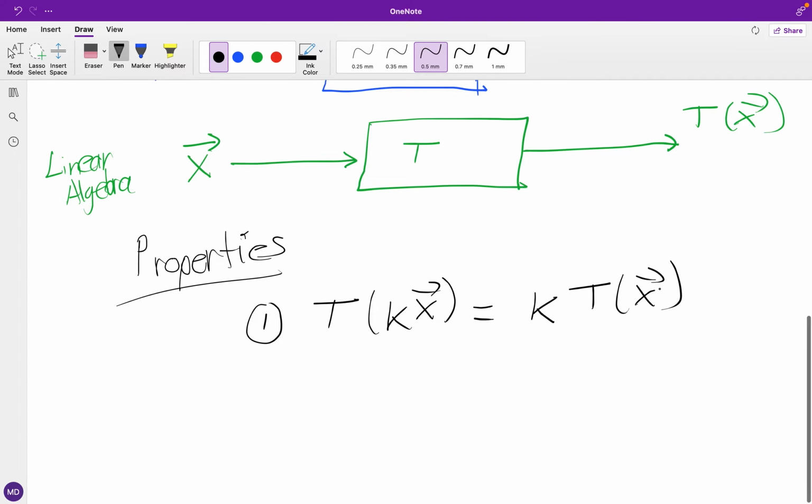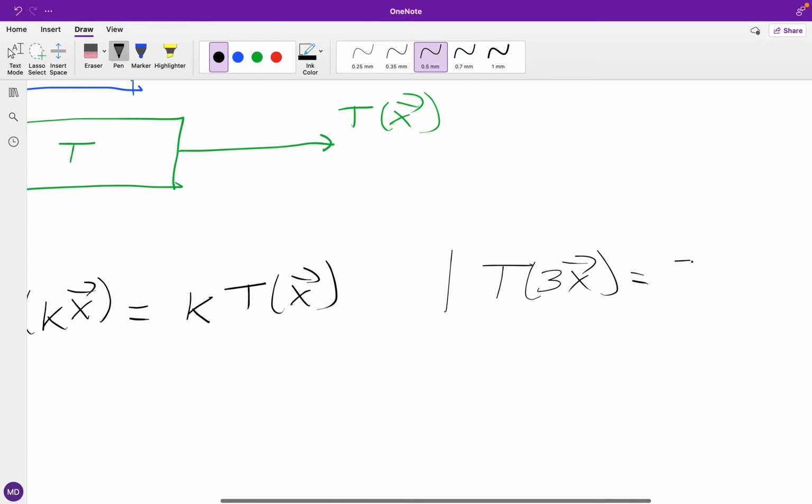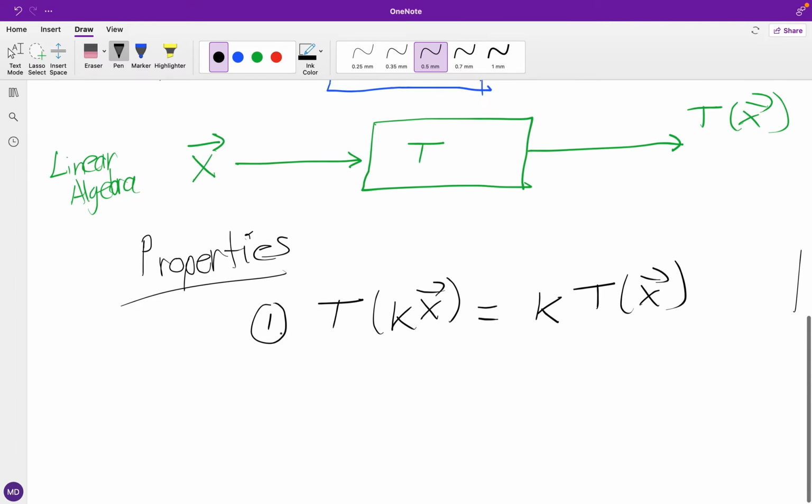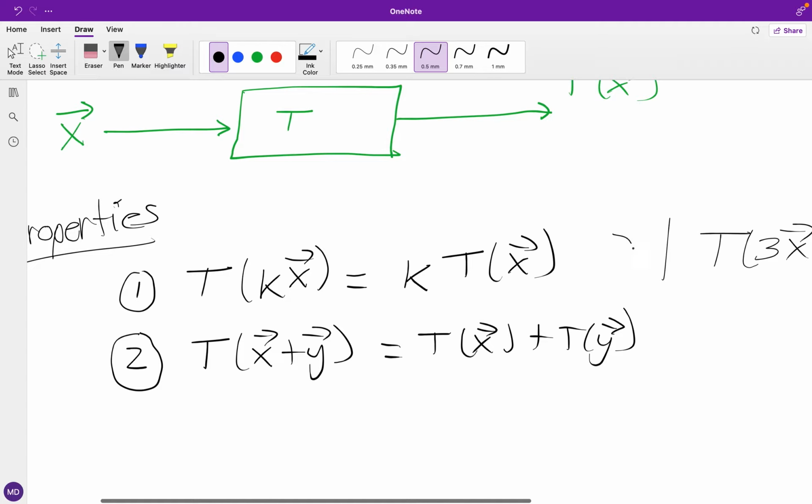An example of this would be T of 3x is equal to 3 times the transformation of our x vector. Now the second property, and probably the most important property, is the additive property, which states that the transformation of the vector sum x plus y has to equal the transformation of x plus the transformation of y. If either of these two properties is not met, the transformation cannot be linear.